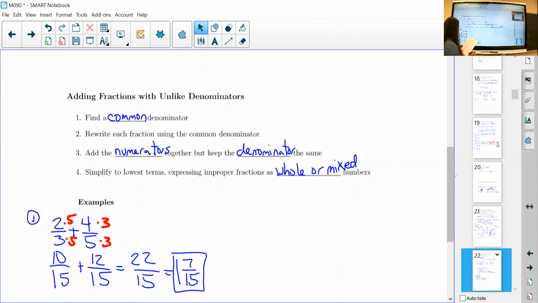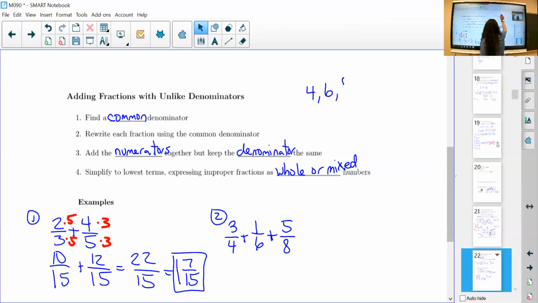Example 2. Let's do 2 together as well. So we've got 3/4 plus 1/6 plus 5/8. Okay. Common denominator. Well, 4, 6, and 8. I think we've even done that example before, but it's been a little while, so let's just do it up here. 4, 6, and 8. We'll do our upside down division.